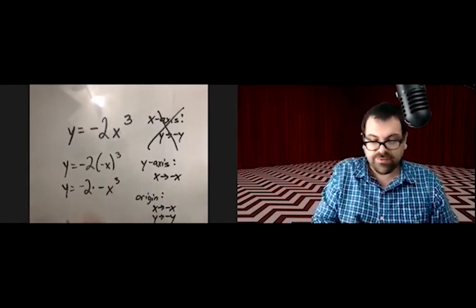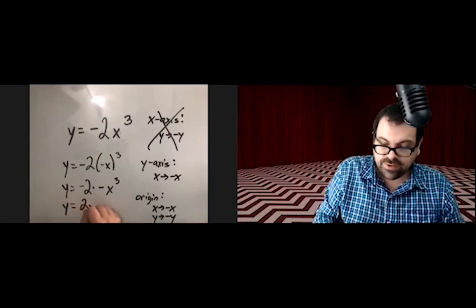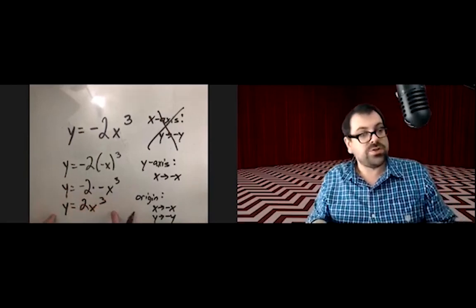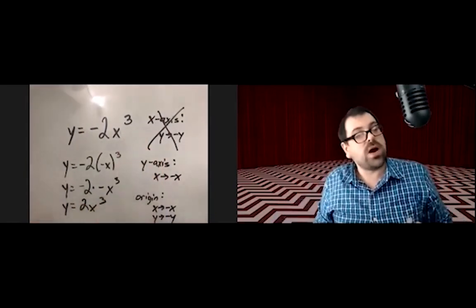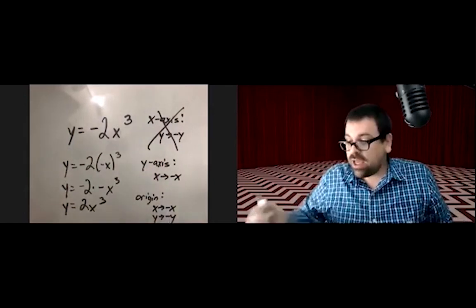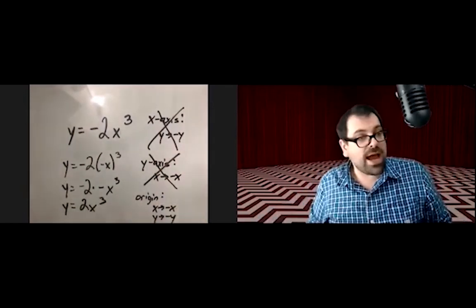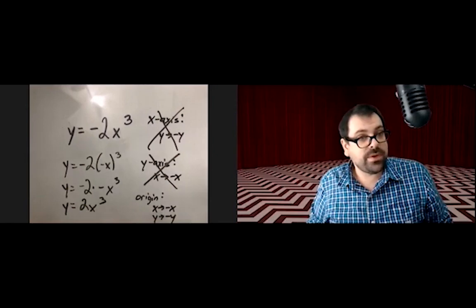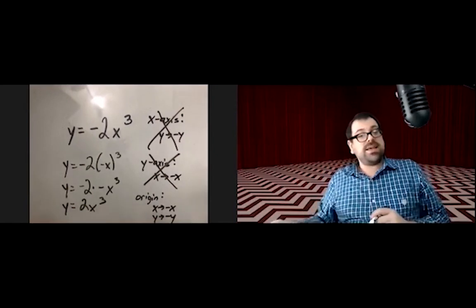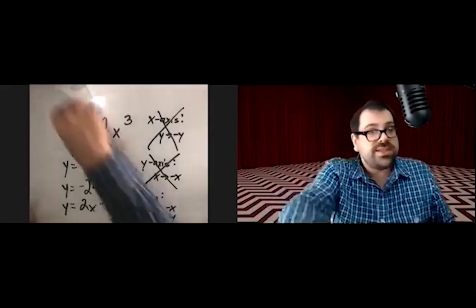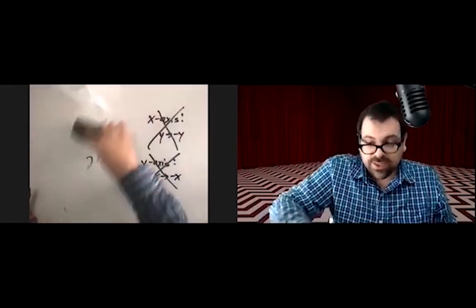Negative times negative is positive. Y equals 2x cubed is not the same as y equals negative 2x cubed. It does not have y-axis symmetry. This doesn't mean that we don't have origin symmetry. We still have to test for it.